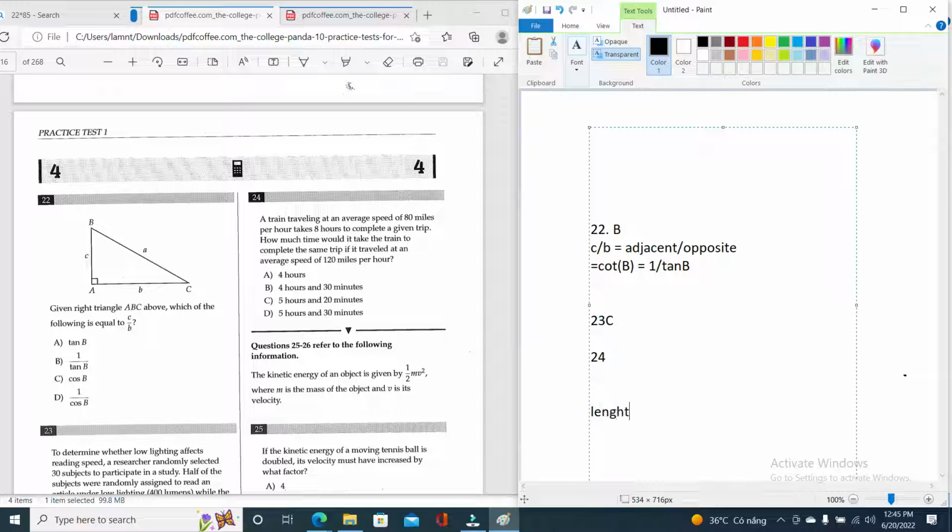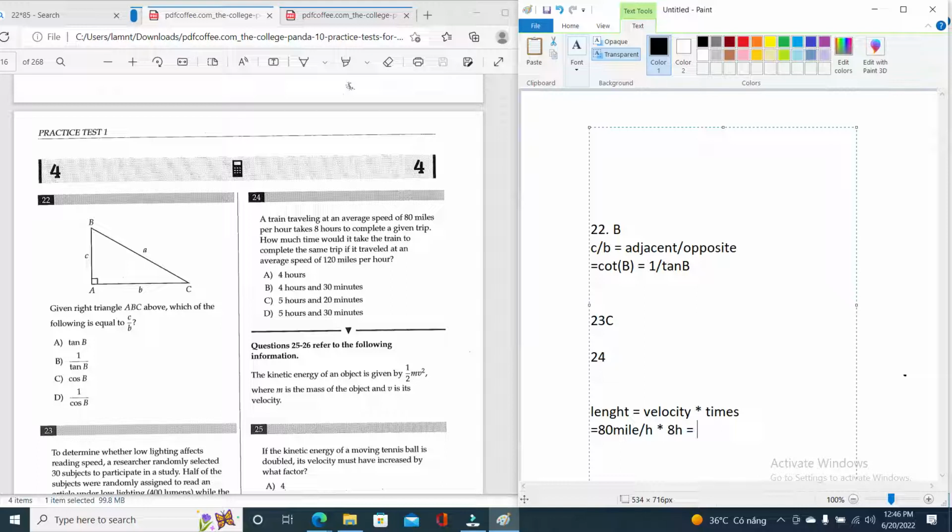The trip length is just going to be velocity times time. So that's 80 miles per hour times 8 hours.